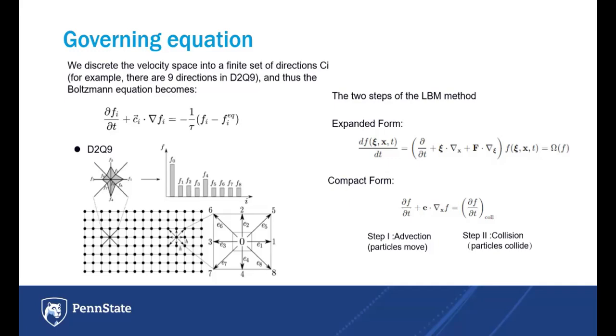The number of particles moving in each direction determines the local distribution function and is directly tied to macroscopic properties like density and velocity. This discrete framework is what will allow us to apply the lattice Boltzmann method efficiently to simulate fluid flows.